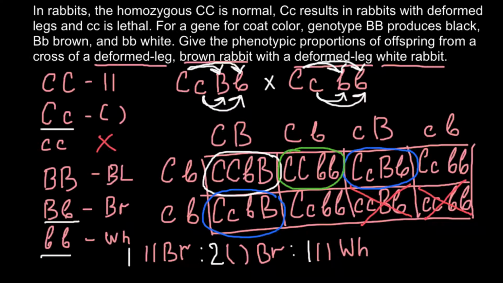So let's circle them in the same color, and we have 2 such phenotypes here. So this is going to be 2 with deformed legs and white color. So as you see, the ratios here would be 1 to 2 to 1 to 2. So this is how we solve this problem.